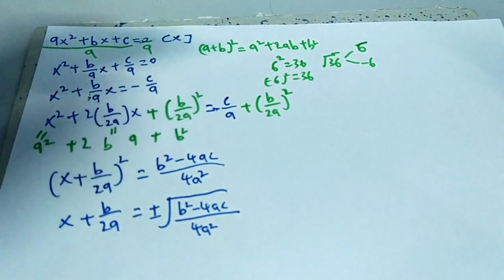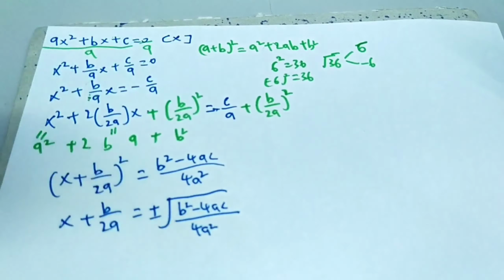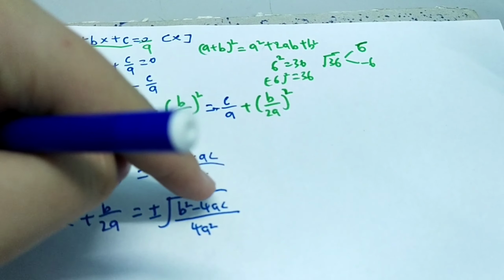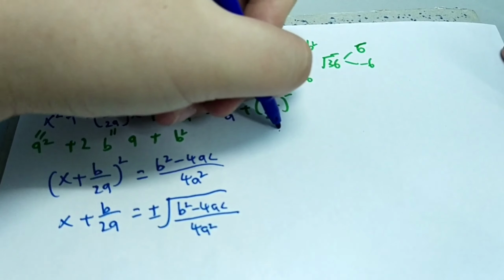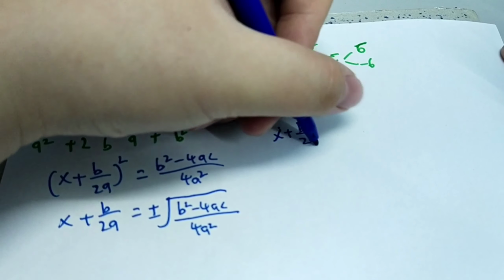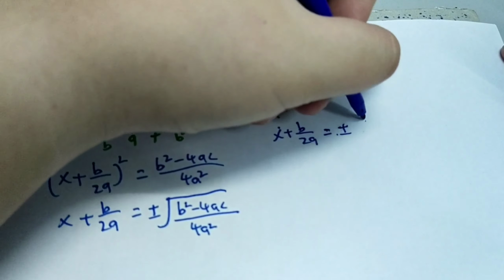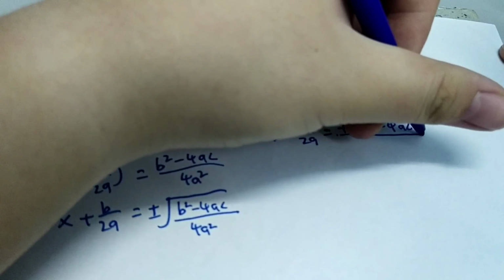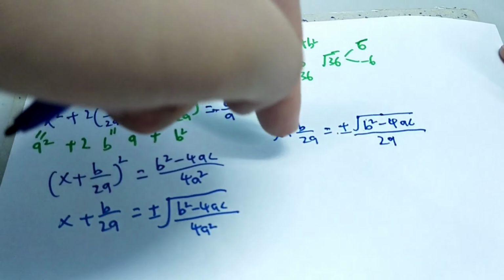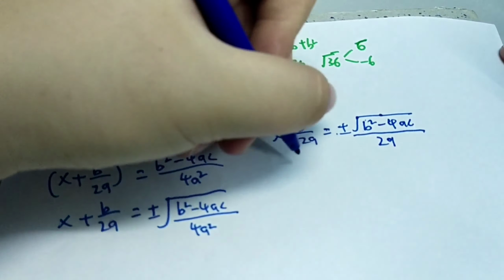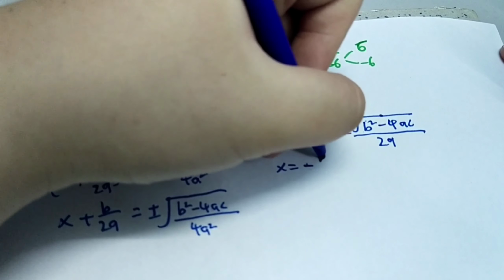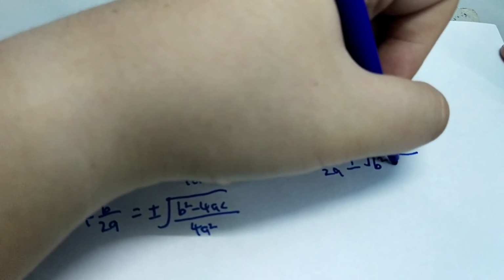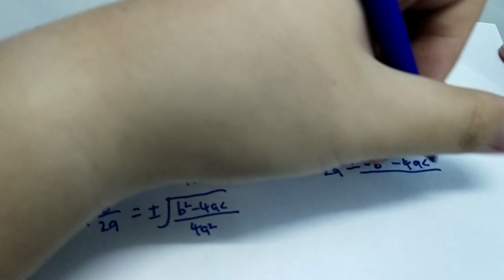And then the 4a squared, we can square root it out, because by using the law of indices, we can distribute the square root at the numerator and denominator. So we get x plus b over 2a is equal to plus minus the square root of b squared minus 4ac over 2a. And then we just solve for x, very simple. So x is equal to negative b over 2a plus minus the square root of b squared minus 4ac over 2a.